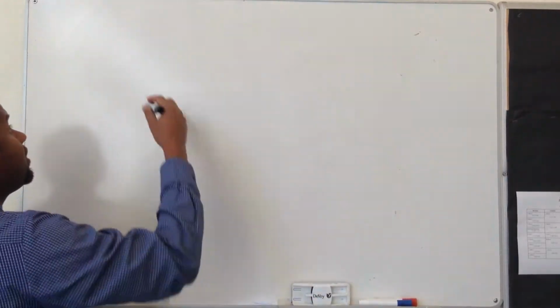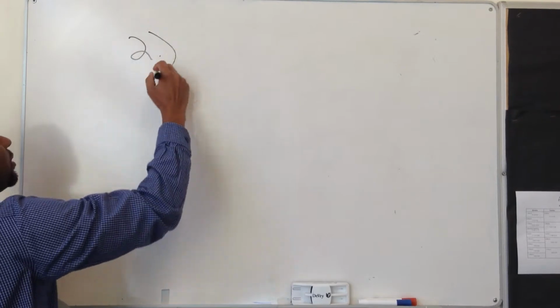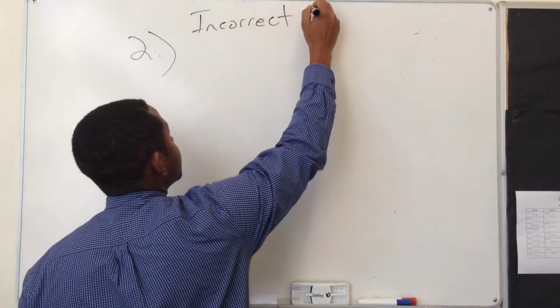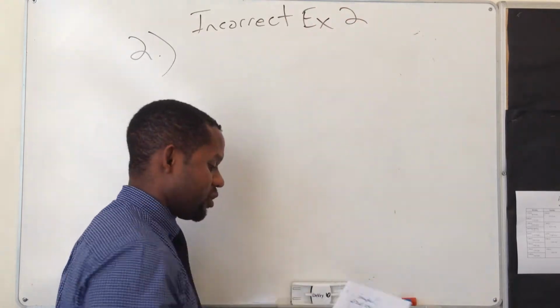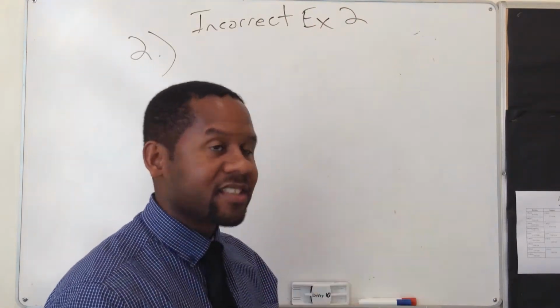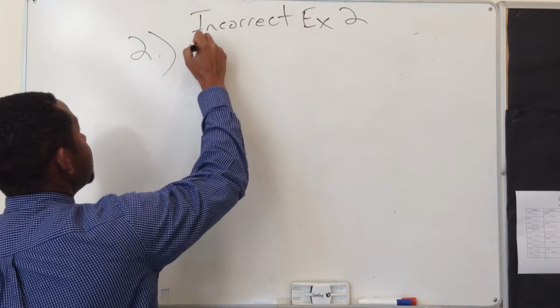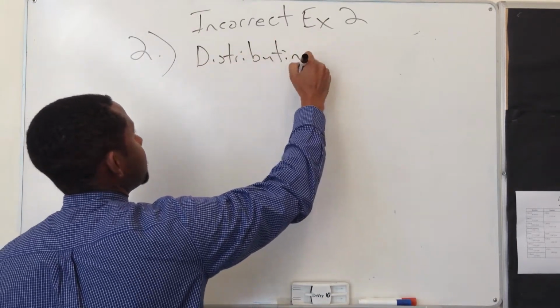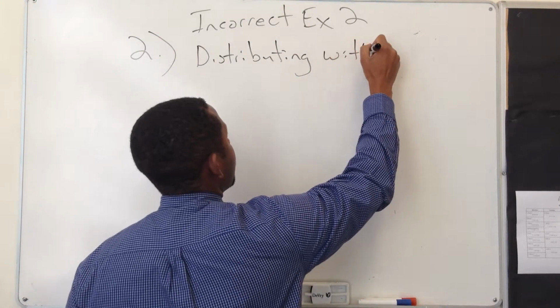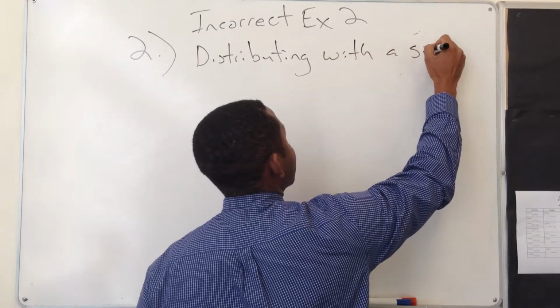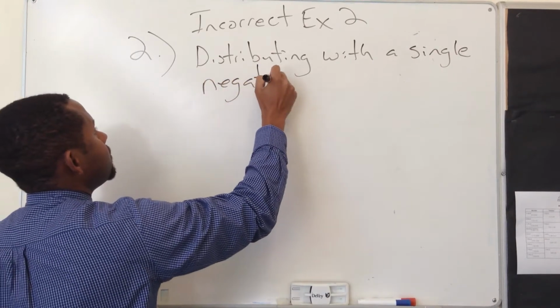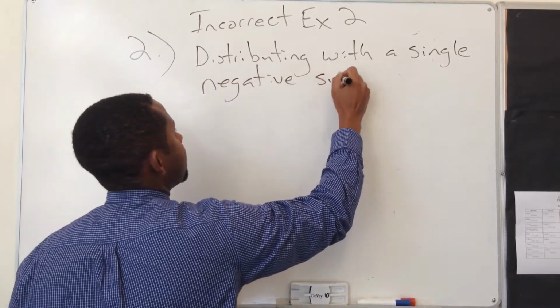Okay? Second incorrect example. So incorrect example number 2 has to deal with distributing with a single negative sign.